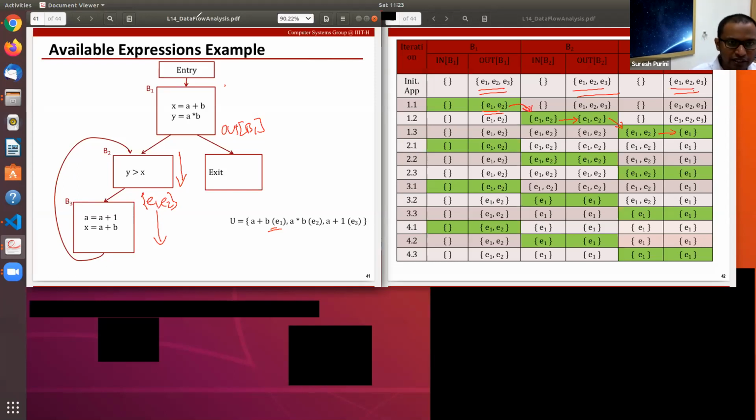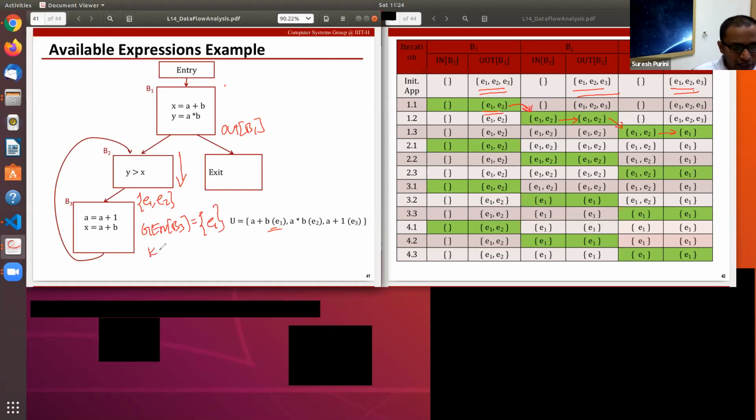I just want to make this last example clear. So this is E1, E2. If you see the gen set of basic block B3, gen of B3 consists of only expression E1.